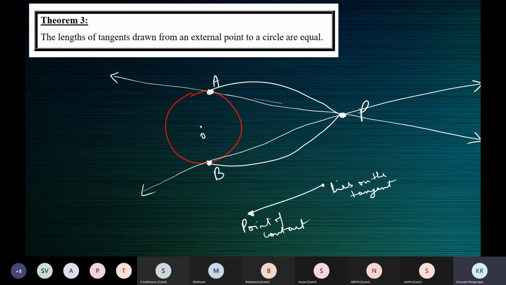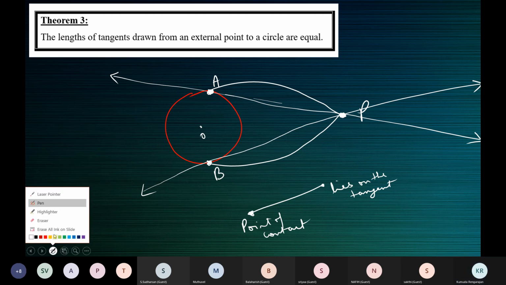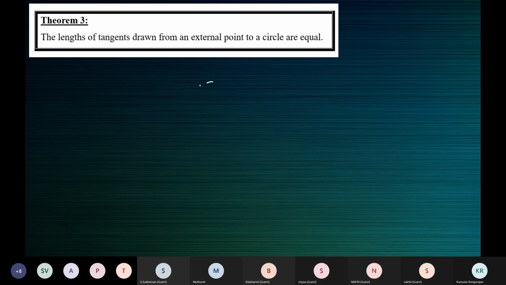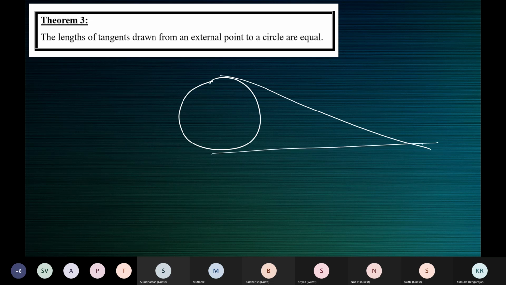So we need to prove that AP is equal to BP. For that we need to join the points of contact.